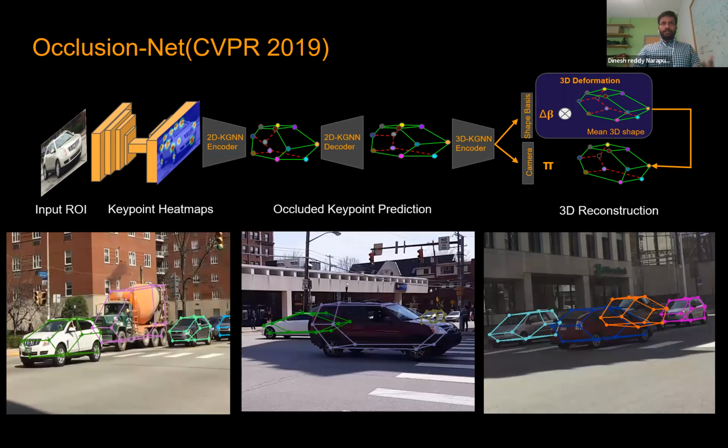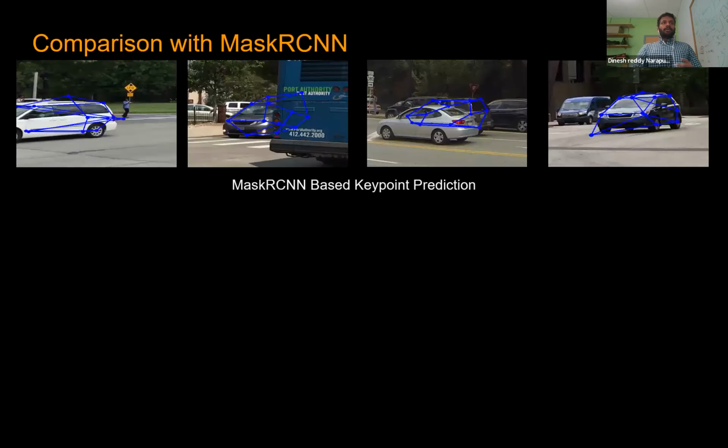So using this method, as you can see, we have a lot of reconstructions of car key points, and across views, we are seeing that although they are occluded in multiple views, we are able to predict very accurate localizations. As you can see, mask Gaussian based has very bad key point predictions for occluded points. For visible points, mask Gaussian works excellently well.